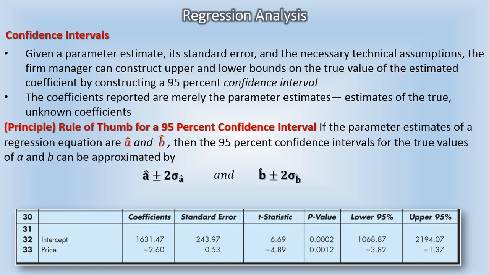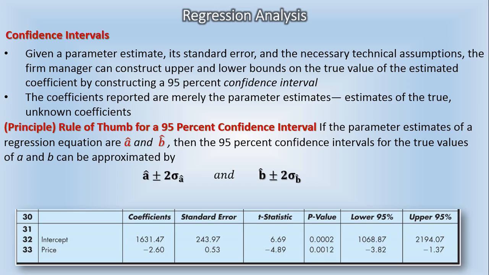Again, we can do the confidence interval for our price coefficient, which we've estimated to be negative 2.6. If we add 2 times our standard error of 0.53, we get negative 1.37. And if we subtract 2 times 0.53, our standard error, again denoted by sigma subscript B hat, then we will get negative 3.82.